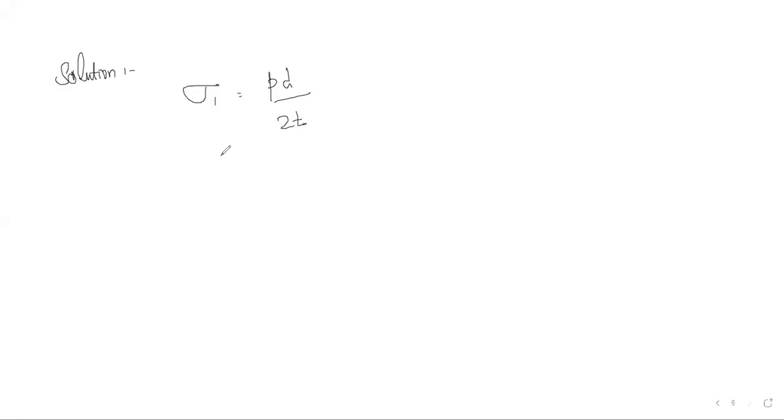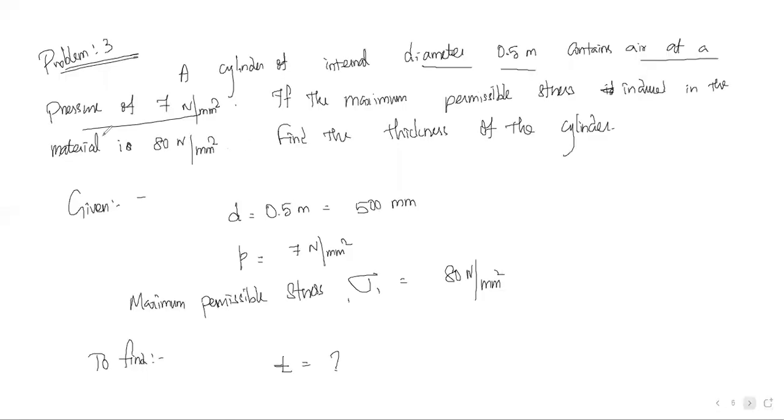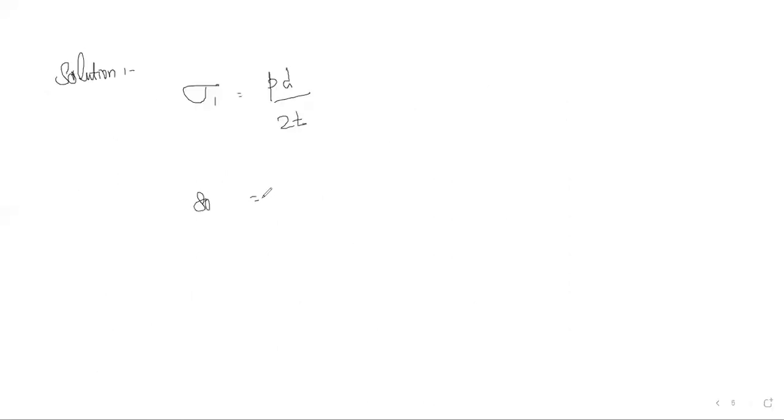From this we have to calculate the thickness value. Sigma 1 is 80 Newton per mm squared, P is 7 Newton per mm squared, D is 0.5, that is 500, then 2 into T. Therefore T becomes 7 into 500 divided by 2 into 80.